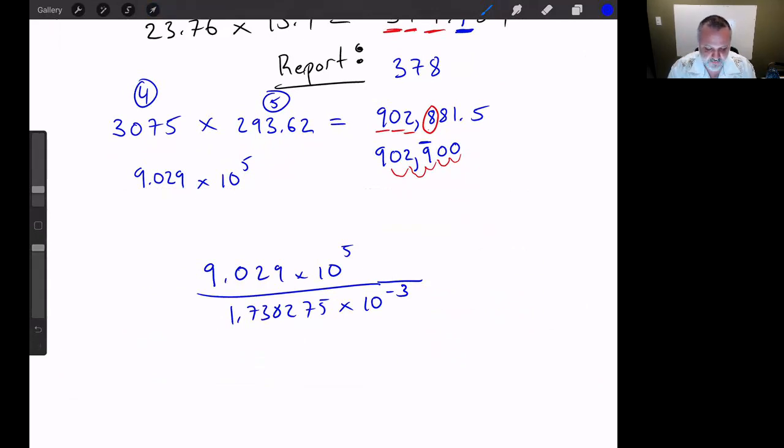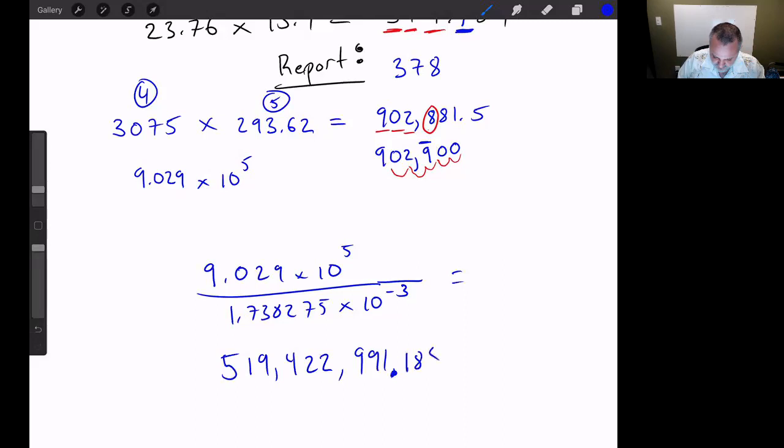If you have some problems with using your calculator in scientific notation, let me know, and I'll give you some help with that. Whoa, what does my calculator spit out at me? It spits out this huge number, 519422991.184.